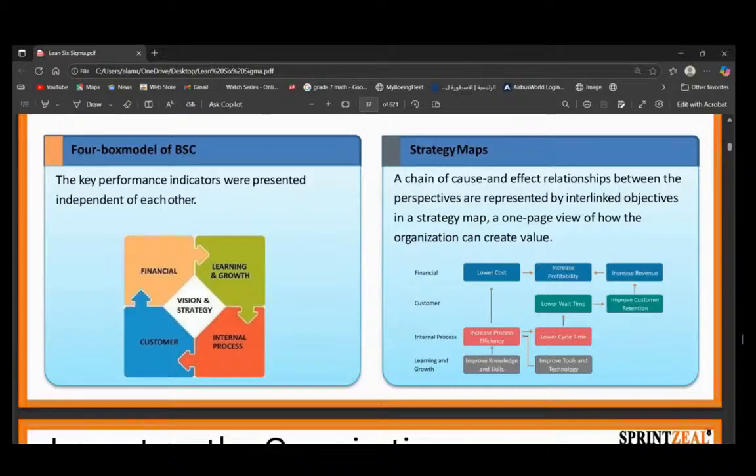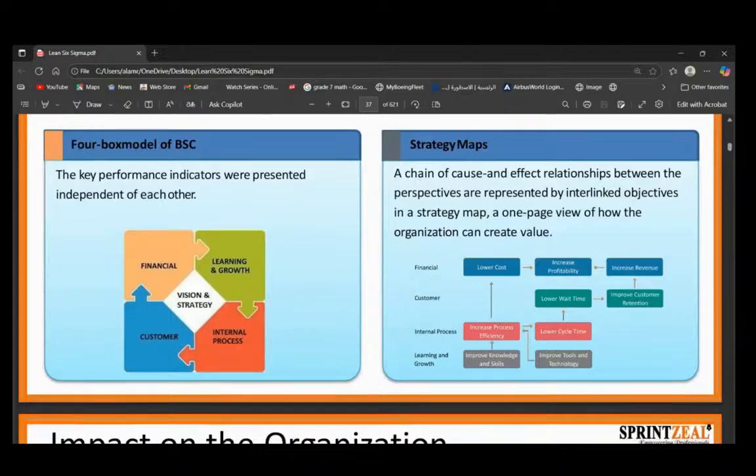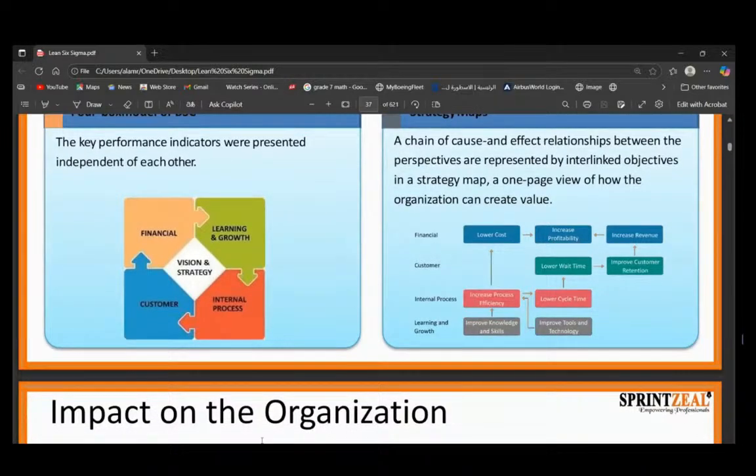Kaoru Ishikawa, cause and effect diagram. I will show you on that. Taguchi, loss function concepts, signal to noise ratio. Crosby, 14 steps to quality improvement. Please read this part. These are the quality gurus and this is what they mention.